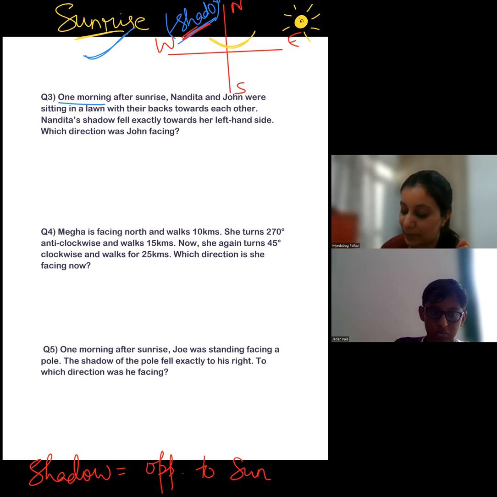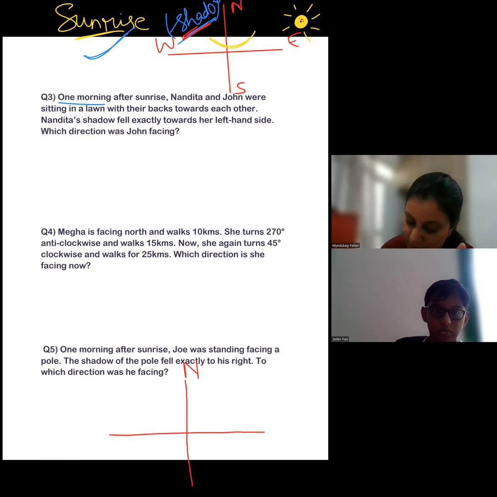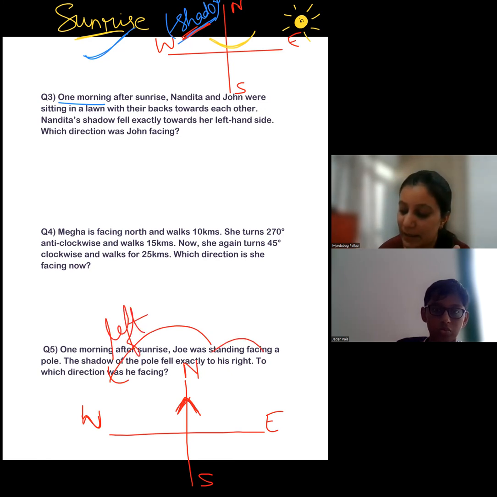When we were learning about this, we mentioned that if this is north, this is west, this is east, and this is south, then if a person is facing north, west will be his left and east will be his right, isn't it? When he is facing north.